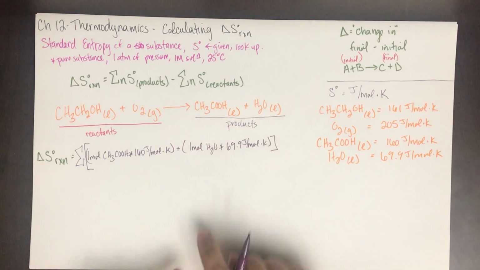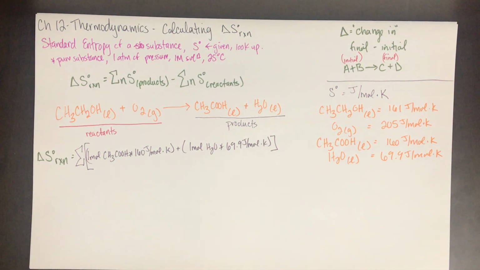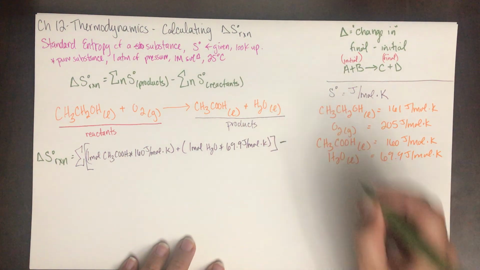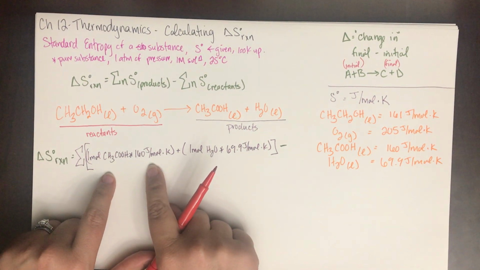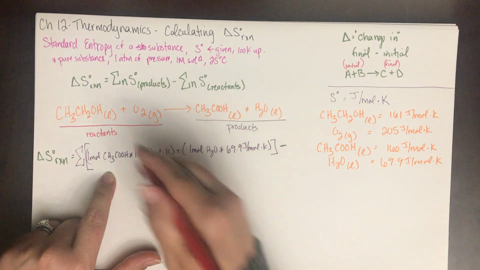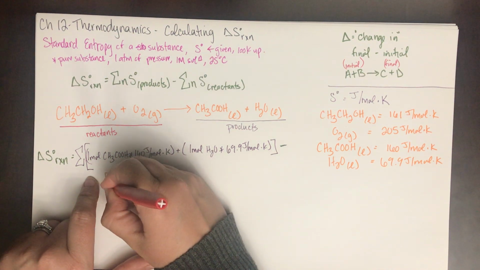So that's products. Now it's products minus reactants. I'm going to write the reactants down below just because I've run out of room. So I'm going to make another bracket.